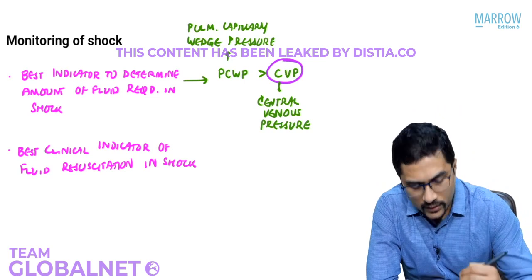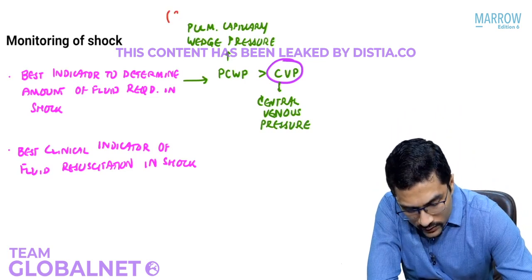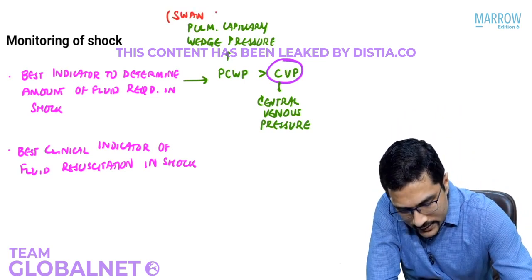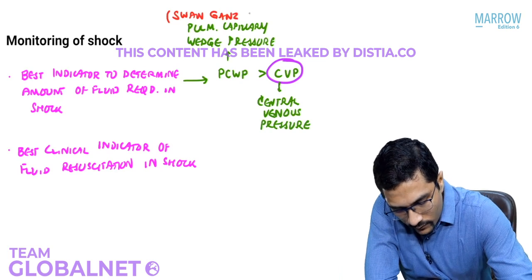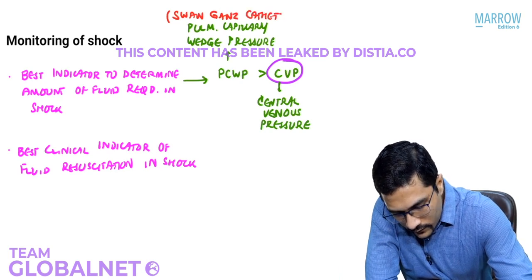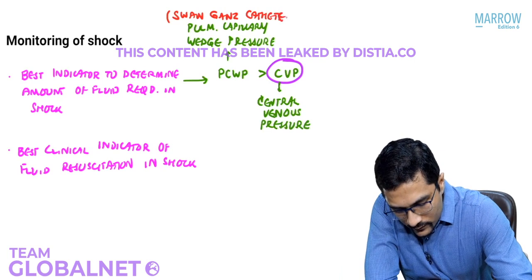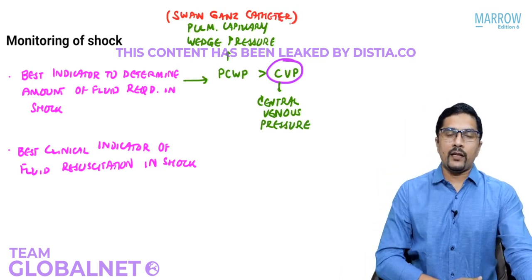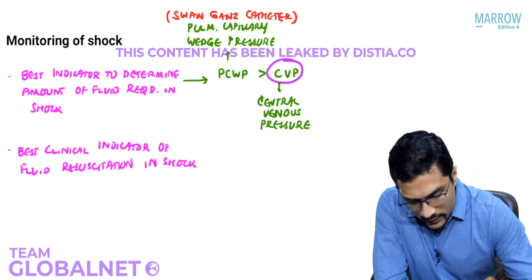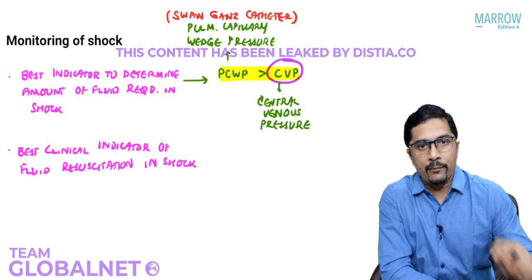And for pulmonary capillary wedge pressure, you know that we use a Swan-Ganz catheter and then we measure the pulmonary capillary wedge pressure. So this question has been asked many times. You should remember this.